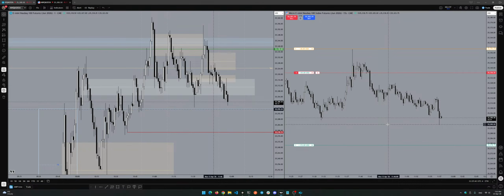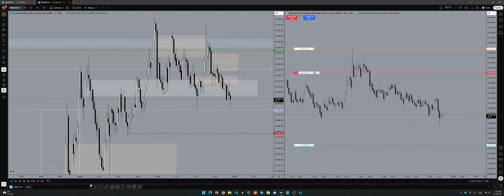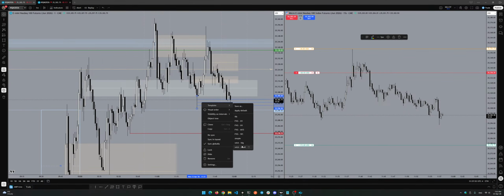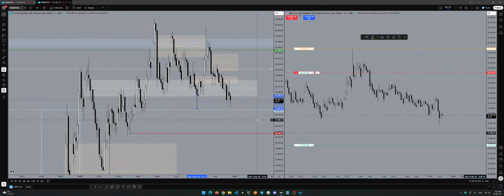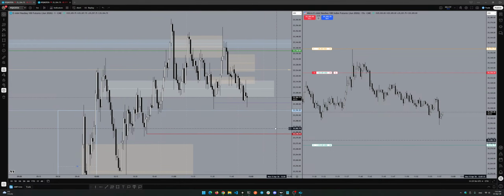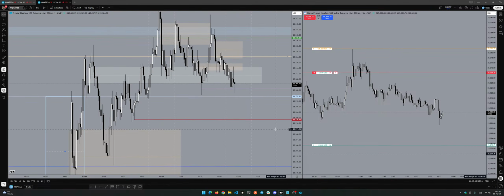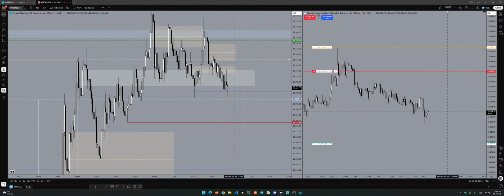Yeah, the top of the opening range gap is going to be defended. Small. But if I see some acceleration in the downward price action, I'll keep it.